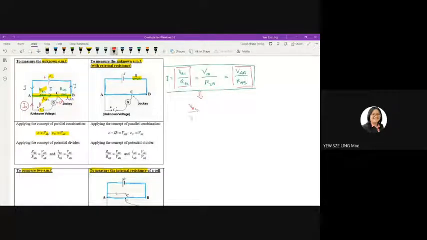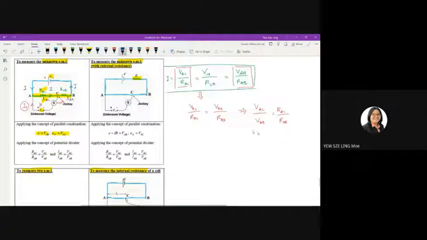So VAC over RAC is equal to VAB over RAB. If you rearrange the equation, you will obtain VAC over VAB equals RAC over RAB, in which it makes sense. Why?